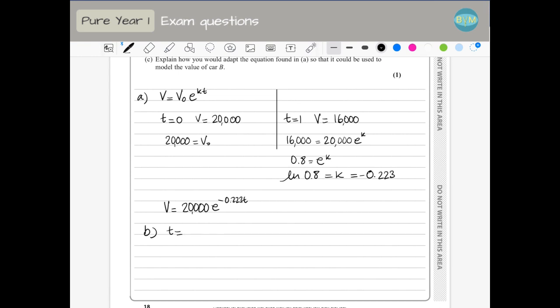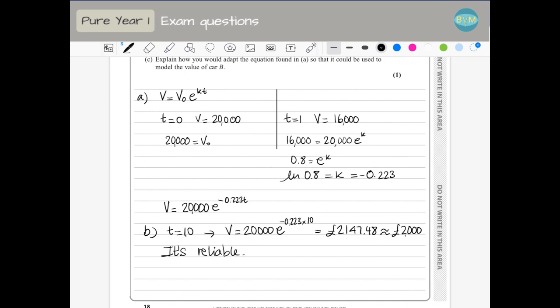So when t is 10 years, V is going to be 20,000 times e to the power of minus 0.223 times 10. If you do this, you get £2,147.48, which is really close to 2,000, mainly thinking that we are starting at 20,000. So I would say it's very reliable, or reliable enough.